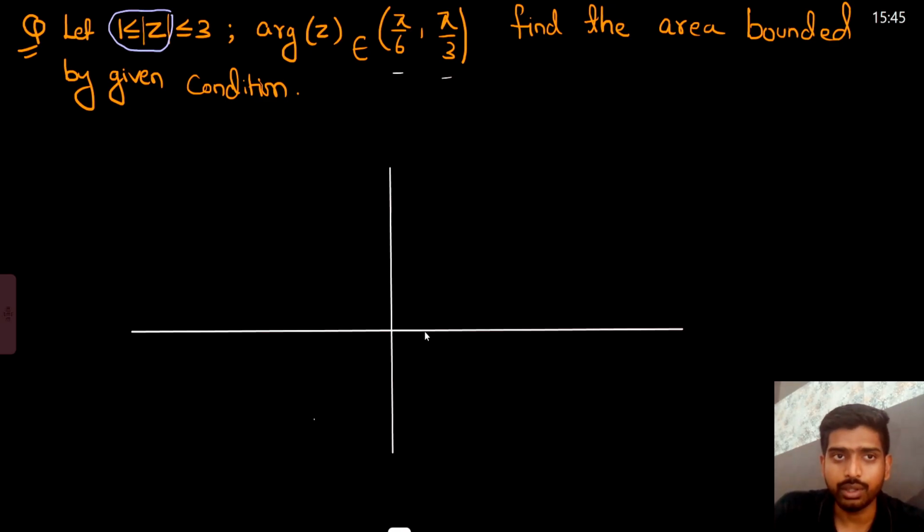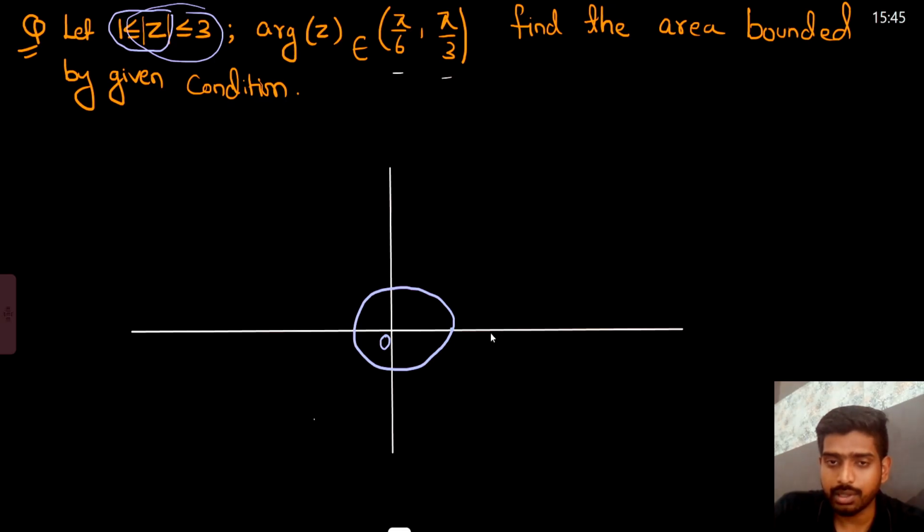Modulus of z greater than equal to 1 means it represents a circle with radius 1 and center at origin, and the region outside this circle. Next, modulus of z is smaller than equal to 3.